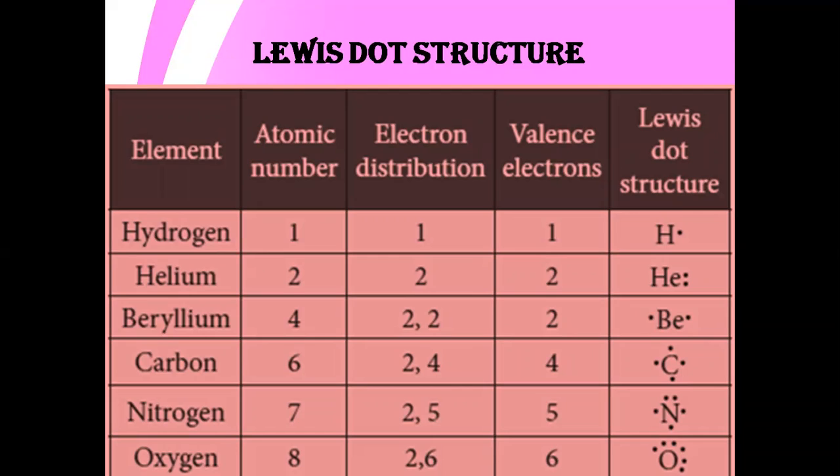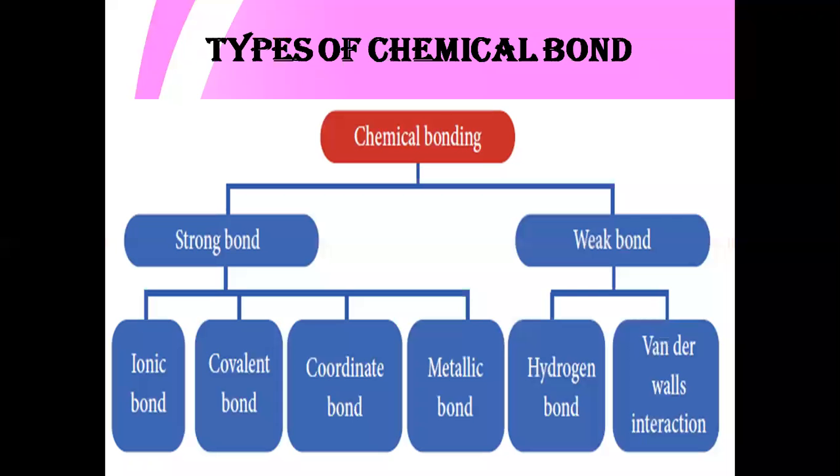So these are the two approaches to chemical bonds: the Lewis approach and the Lewis dot structure. Next, types of chemical bond. There are many types: ionic bond, covalent bond, coordinate bond, metallic bond, hydrogen bond, and van der Waals interactions.